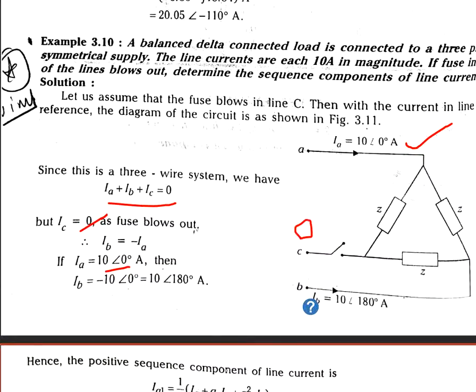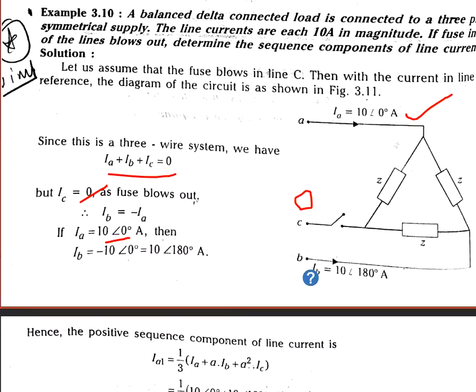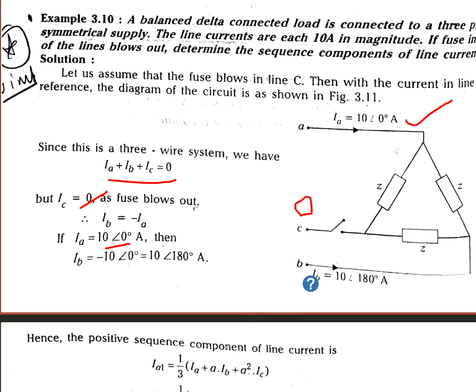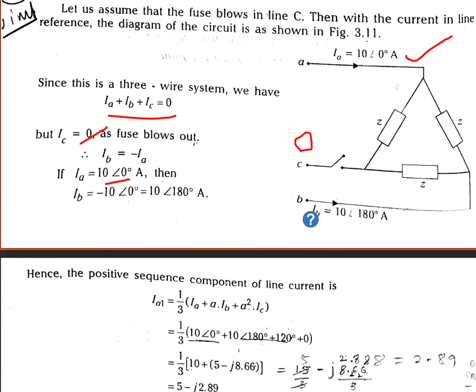Check in your calculator. What is the value you are getting? 5.77 at an angle minus 29.